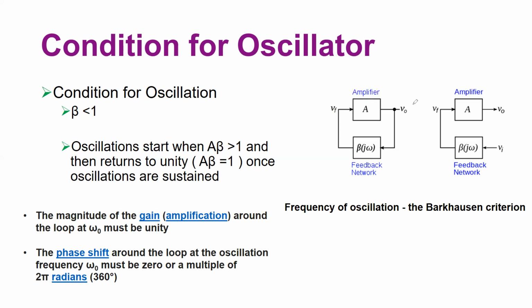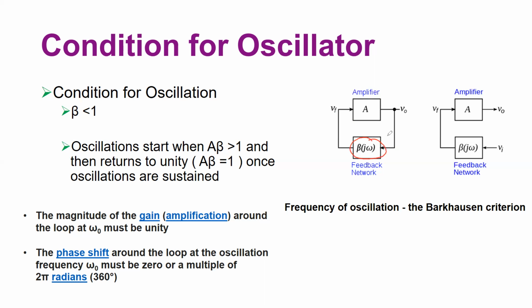In the case of a linear or harmonic oscillator, you will have a sinusoidal waveform. So there are mathematical conditions to express when the oscillation will start and when it will not. The condition involves the feedback gain, beta. This is also called an attenuator block.